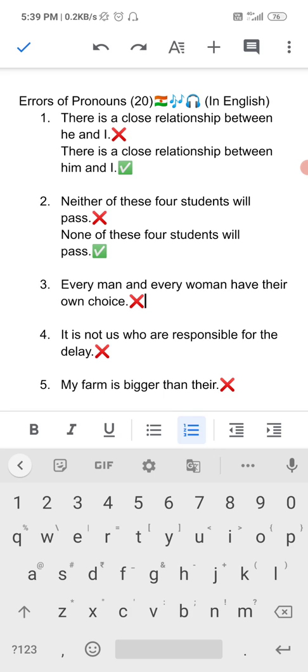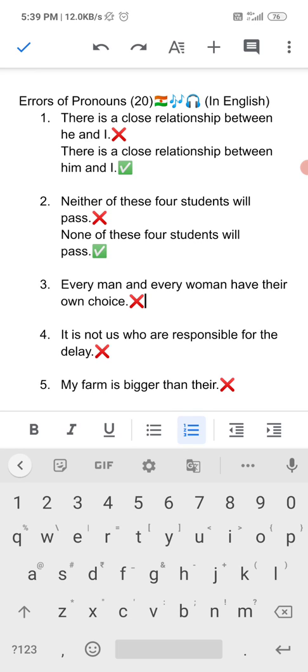So the rule says, when you are using a conjunction in your sentence and before and after the conjunction there are two singular nouns preceded by each or every, the whole setting of the words is thought to be singular. So every man and every woman, this setting of words is thought to be singular here. So we have to use here has.